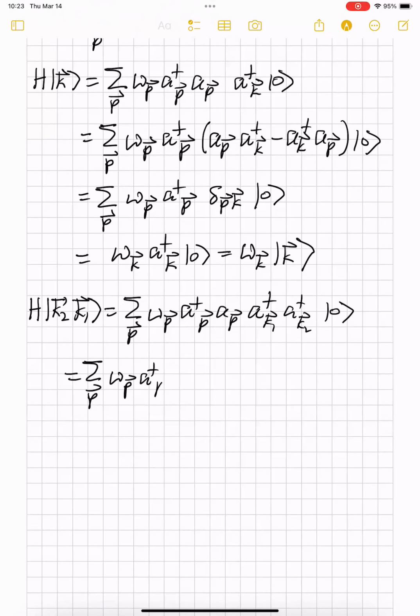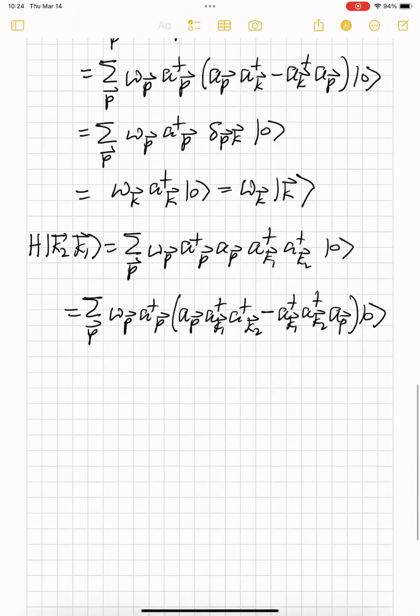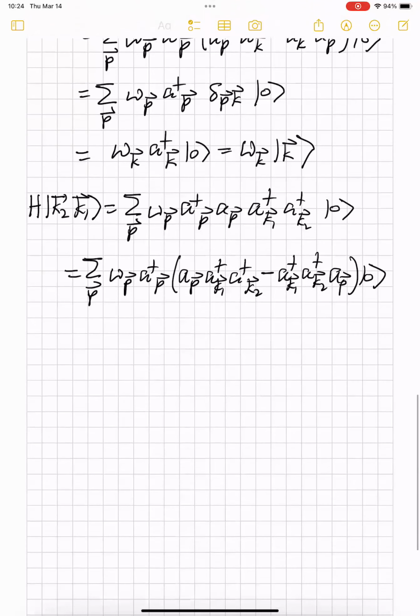So I've got A dagger P, I've got A P, A dagger K1, A dagger K2. Then I will subtract A dagger K1, A dagger K2, A P, and then the vacuum. And the second term that I have added is 0 because A P annihilates the vacuum.